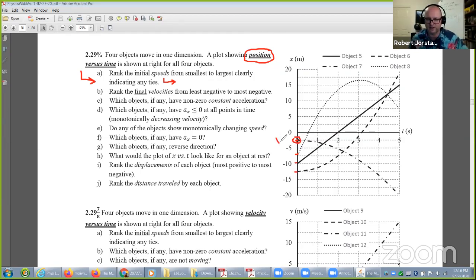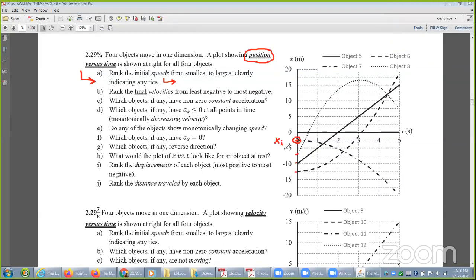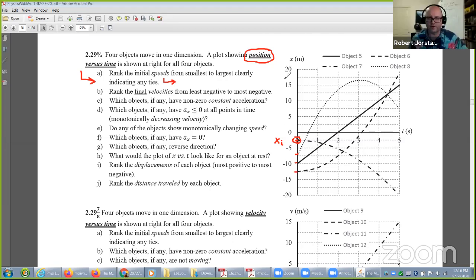So they all start at different x initials. Is that what you were implying? Yeah. I agree. So there'd be x initial 1, 2, 3, 4. I'm going to screw up the labels because I'm having trouble writing right now. But yeah, okay. But how do you get speed from an XT plot? What's the general strategy? Is it area? Is it slope? Is it what?